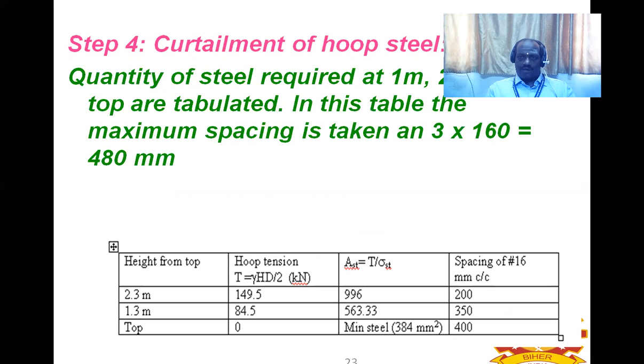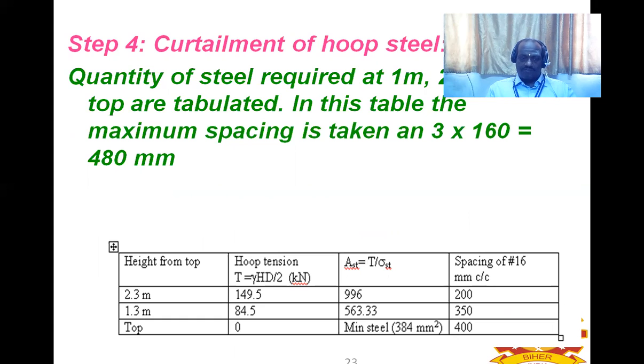Now we can talk about the curtailment of hoop steel. As we were discussing, towards the top the pressure is going to be very, very less, and at the top it is going to be zero. So the quantity of steel required at 1 meter, 2 meter from the top can be found out, or even tabulated, to know at 1 meter level what reinforcement is required, and at 2 meter level what reinforcement is required.